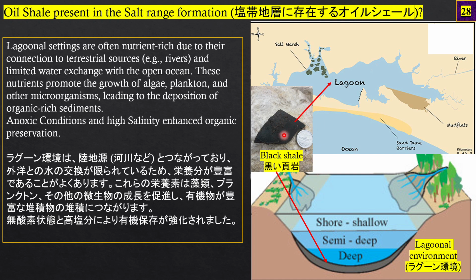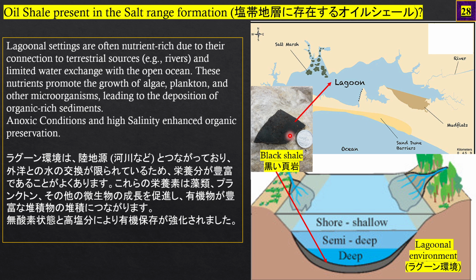We also see black shale in the Salt Range formation. This black shale is because of the high saline environment, in which organisms die due to high salinity and low oxygen, due to which the organic black shale is deposited.